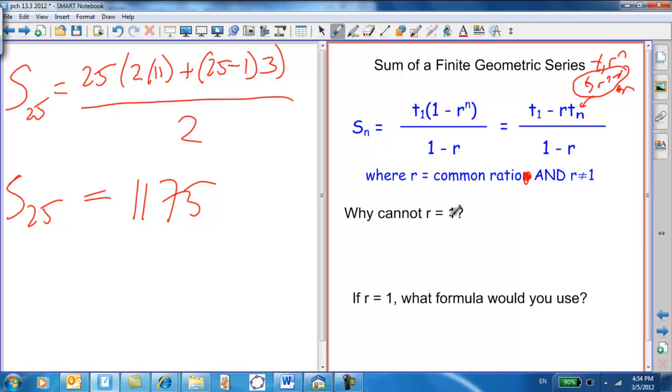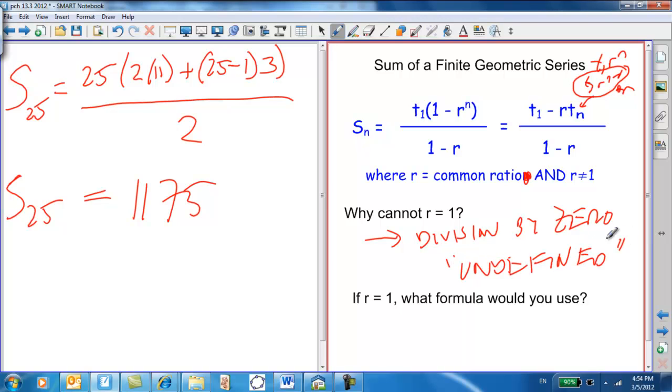Now why can't r equal 1? Well, r equals 1 would lead to division by 0, and division by 0 is undefined. Well, what if r equals 1? If r equals 1, then your sequence becomes t sub 1, t sub 1, t sub 1, because you keep multiplying by 1, and so it never gets any bigger.